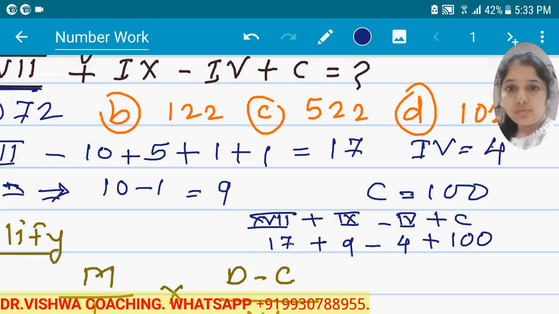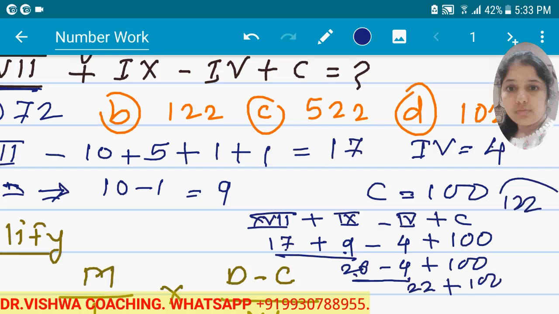Now first do all the additions. 17 plus 9 is 26. 26 minus 4 gives you 22, and plus 100 means 122 is your answer, which is option B.